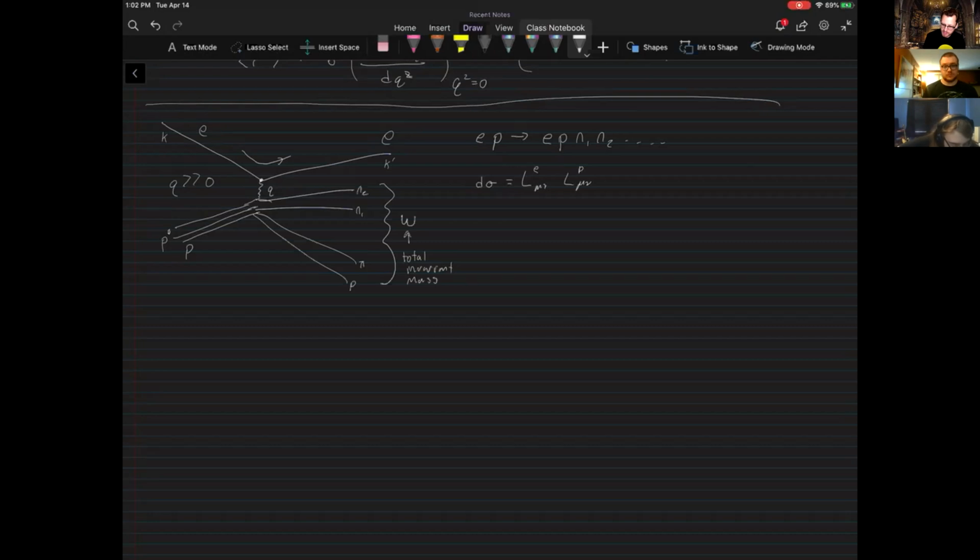Now this is no longer the right thing to do because, for the proton side, we don't necessarily have a current like we've defined before, because now we're splitting up into a bunch of different particles. But we can still try to write something very generic. Usually it's expressed as W, and this is going to be some tensor quantity that captures the nature of the particles, the four momentums of the particles and their interactions on the other side.